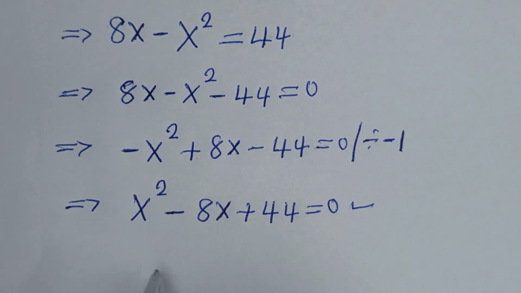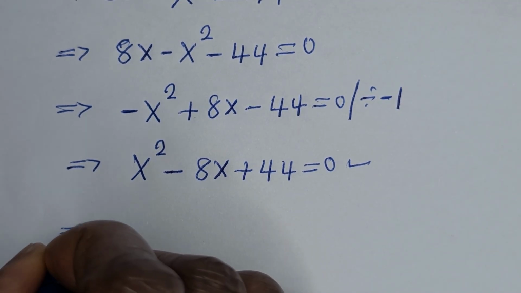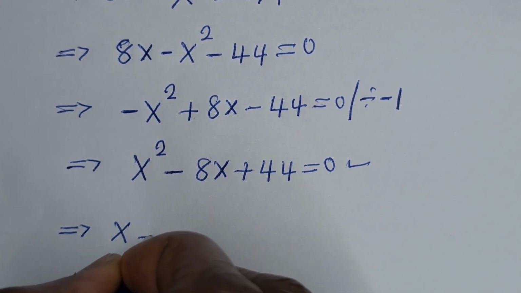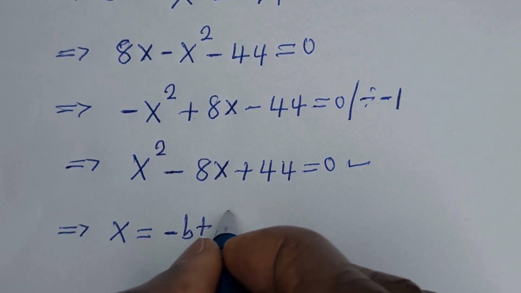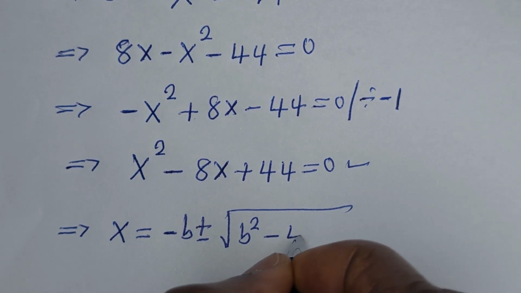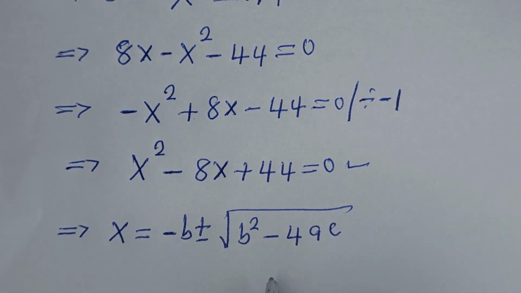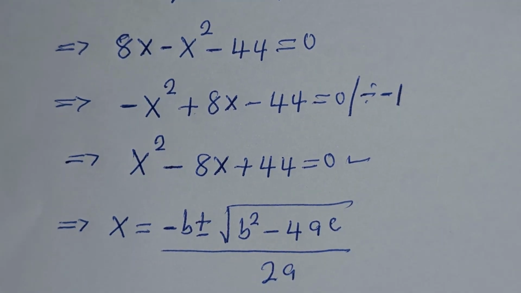This is a quadratic equation. Let us solve this using the quadratic general formula. From the quadratic general formula, s will be given as minus b plus or minus square root of b square minus 4ac over 2a.